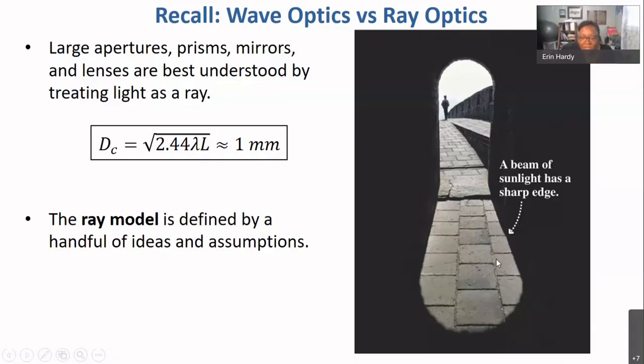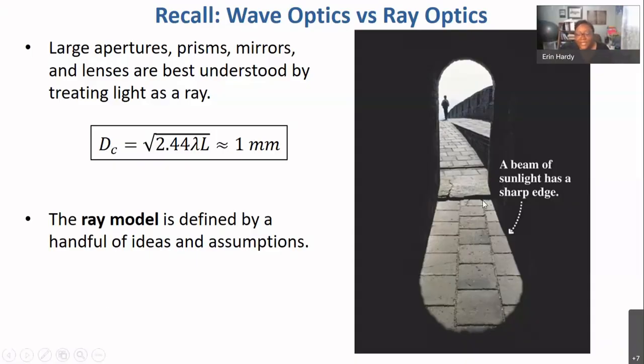So now we can take a look at how to deal with large apertures. And this quantity here, I included on this slide. We talked about this last Wednesday, the crossover diameter: if you're working with a circular aperture and the physical size is somewhere on the order of a millimeter, it can get a little hazy as to whether the ray model or the wave model is the best.